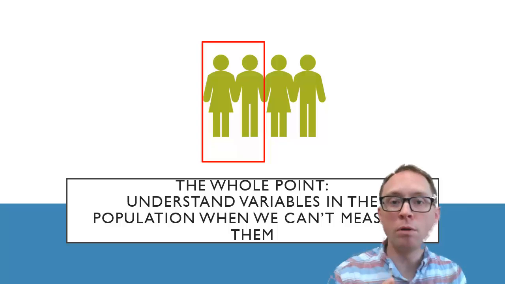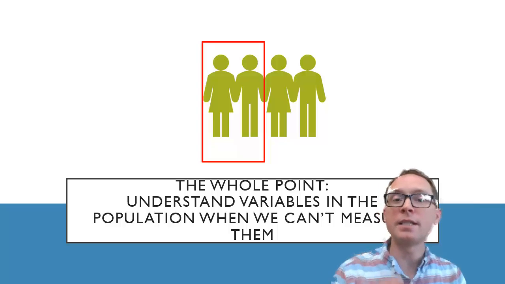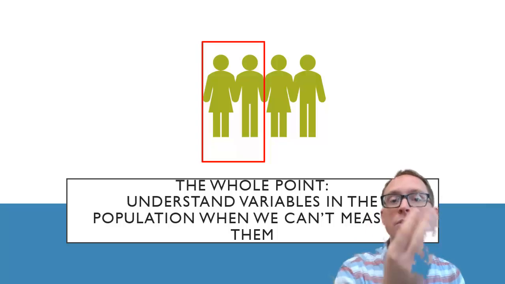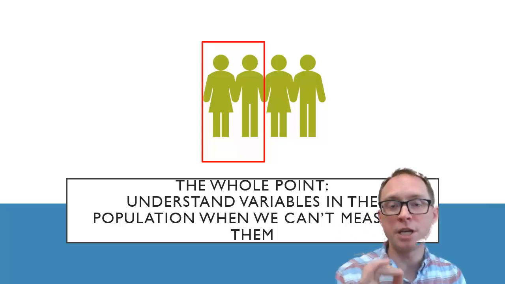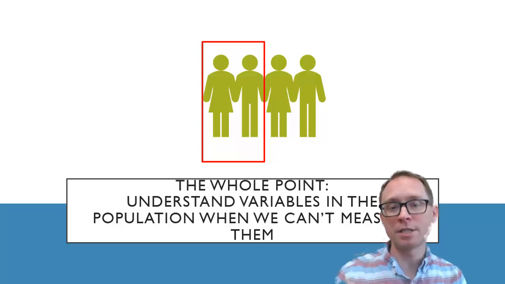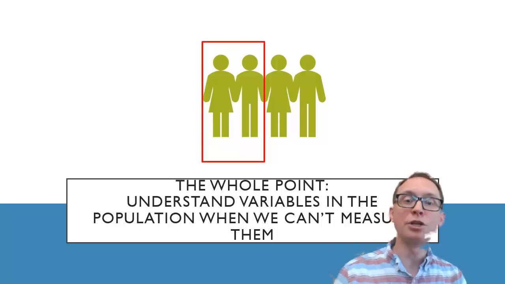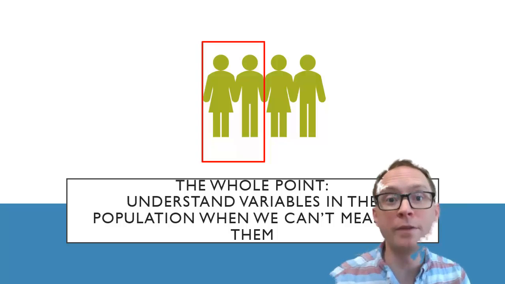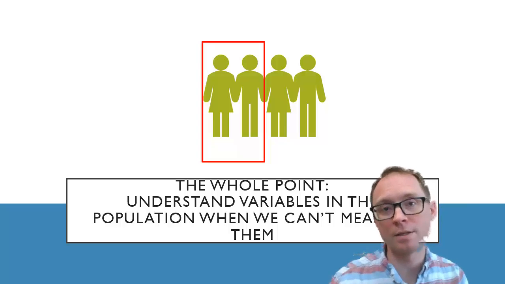If I want to know the quality of relationships of people in the United States, I can't measure everyone in a census. Instead, I take a sample and I use the information from that sample to infer what's going on in the population. The entire point of this class is to take information from the sample and use it to understand the population. That is the whole point of this class. That's why you're doing this.